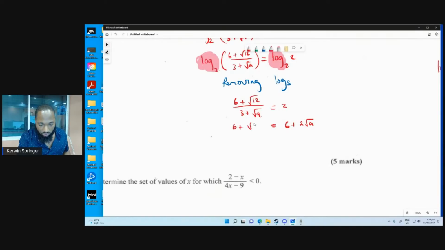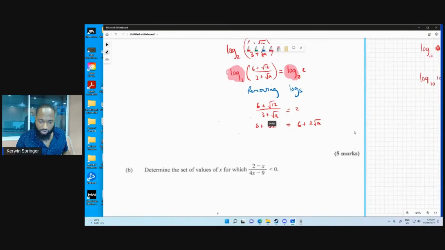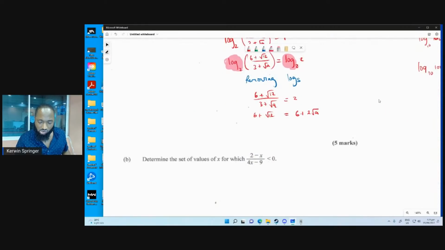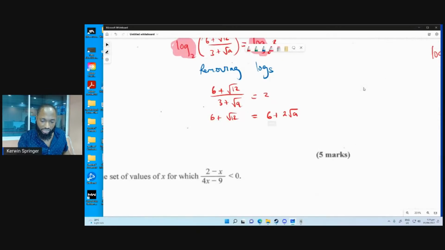Why do we need to be like this? Did it say to go to any decimal place? Find the value of a. Is it that the 6's will cancel? And you get the square root of 12 equal to the square root of 4a.